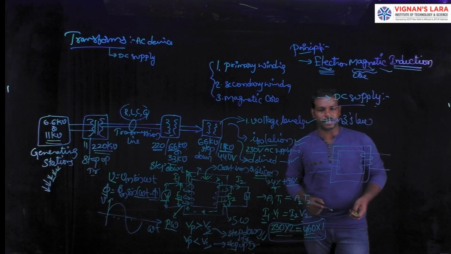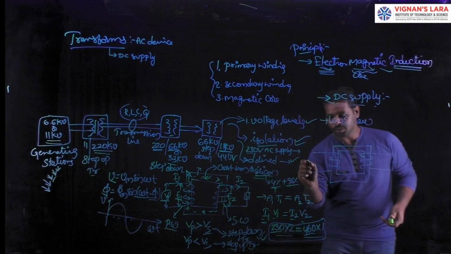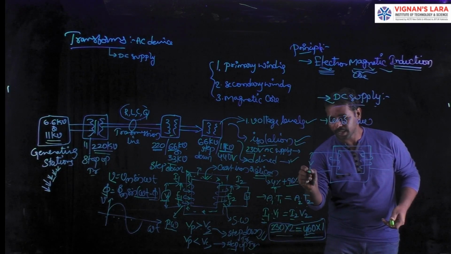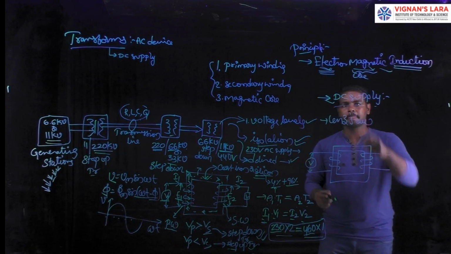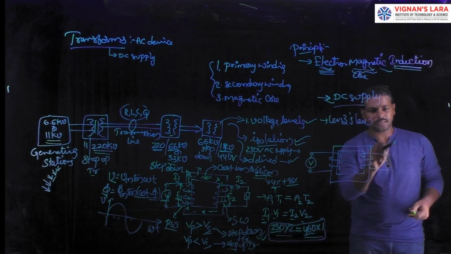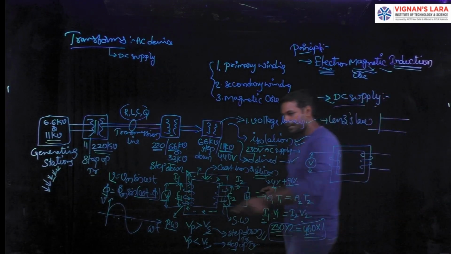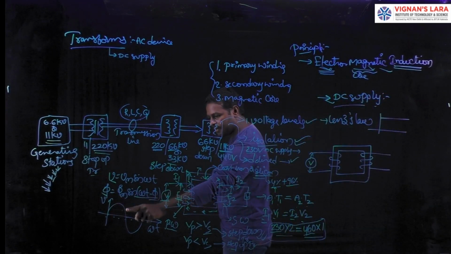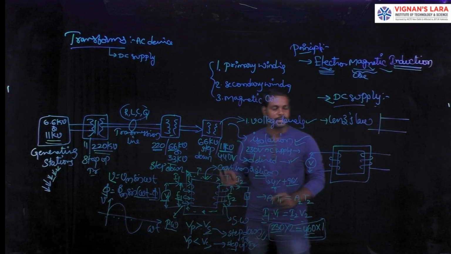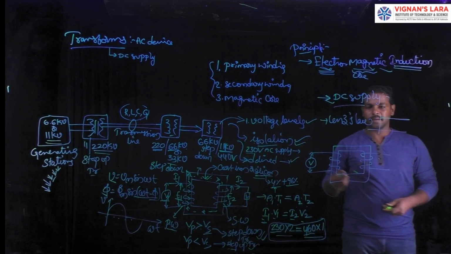This is the general circuit or single line diagram of a transformer, but here we consider a DC supply. That means we are always giving a constant voltage. In case of an AC supply, the voltage continuously varies with time, an alternating quantity.